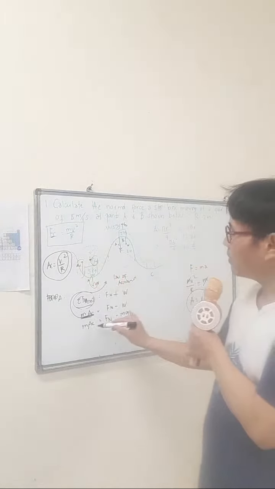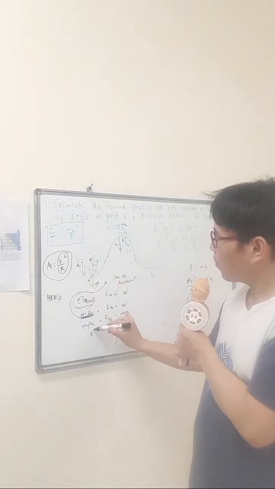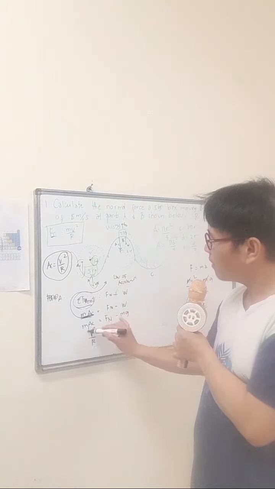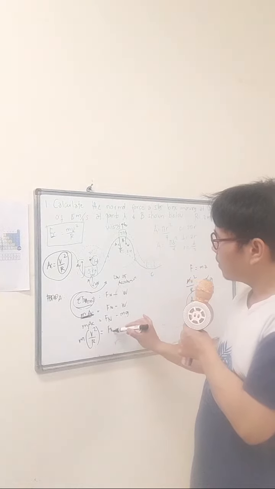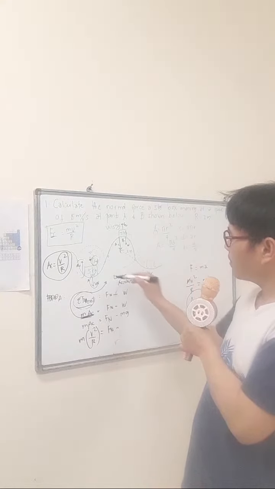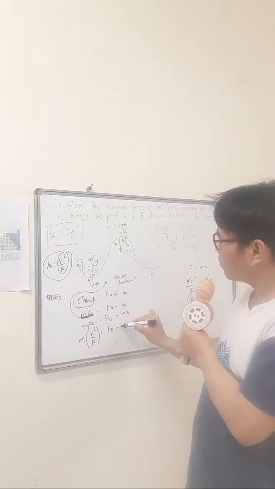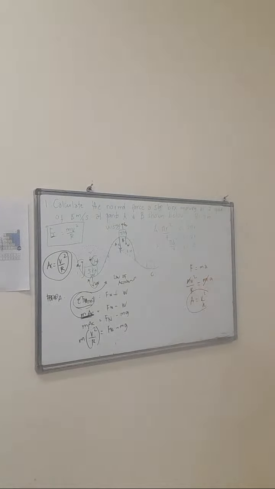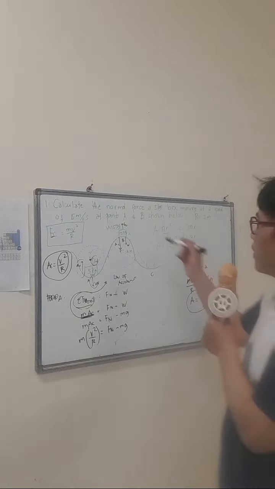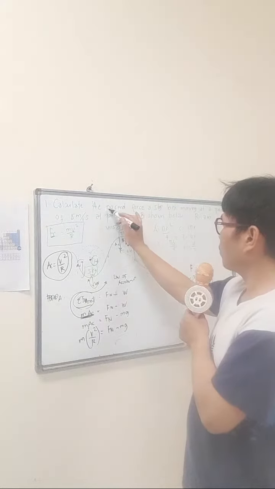Then substitute this acceleration, so v squared over r times the mass is equal to the normal force times the mass, which is 5 kilograms. We will substitute later. We need to solve for the normal force because the problem is asking for the normal force.